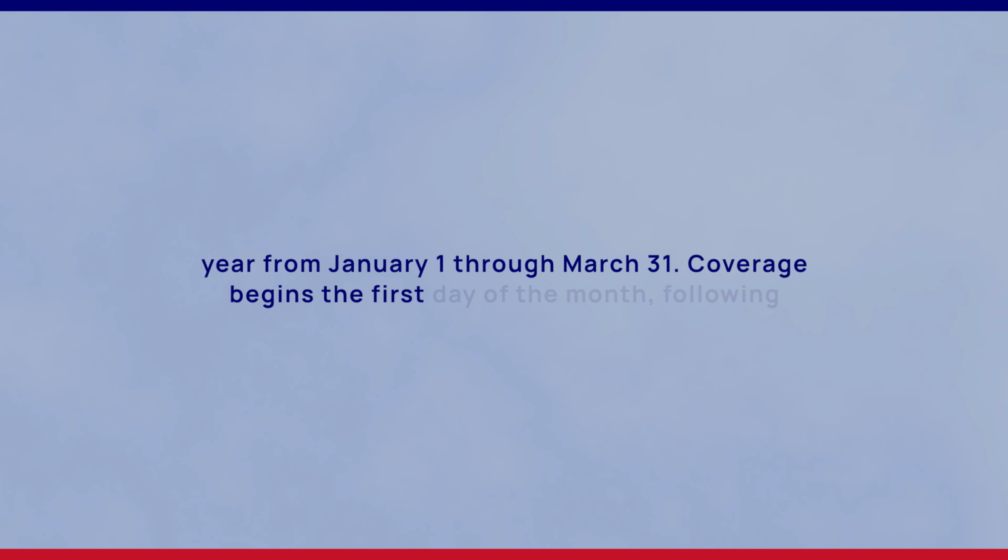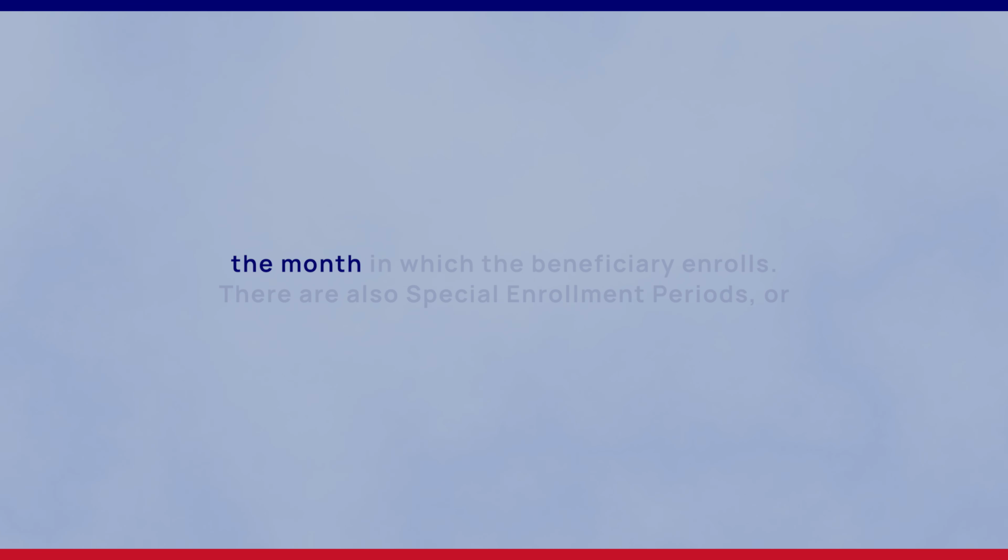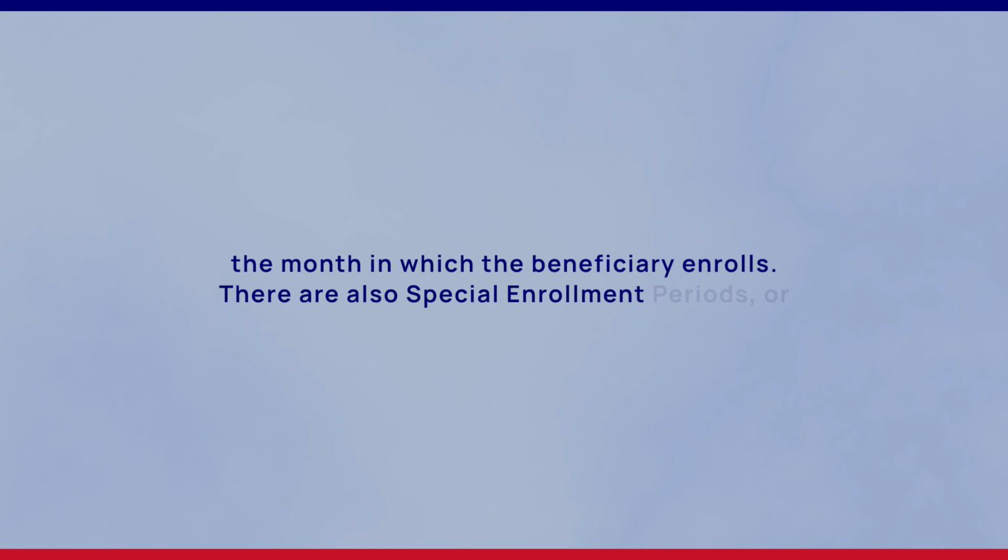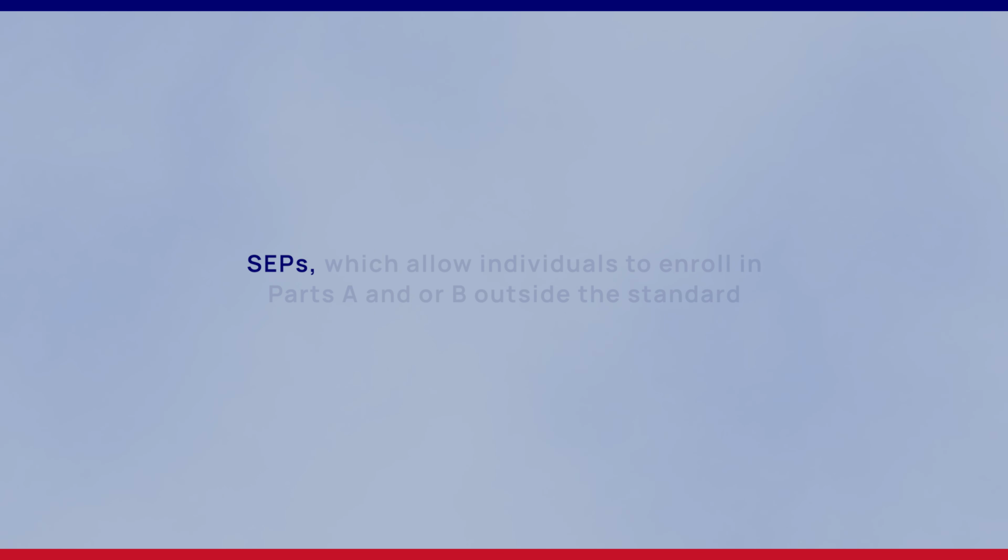Coverage begins the first day of the month following the month in which the beneficiary enrolls. There are also Special Enrollment Periods, or SEPs, which allow individuals to enroll in Parts A and/or B outside the standard enrollment windows under certain circumstances.